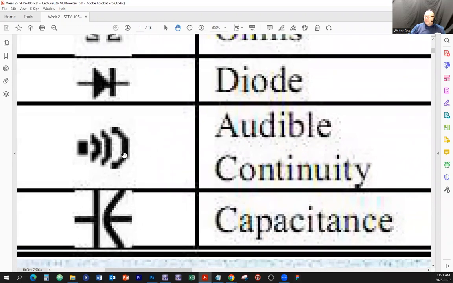Continuity tester. Continuity tester checks for continuity. So let's say you have a piece of wire that is jacketed, and you just want to make sure that there is no break in that wire because you can't see through the jacketing. Okay, so you're going to switch the meter into the continuity tester like this here, and it is going to give you a little tiny beep, right?